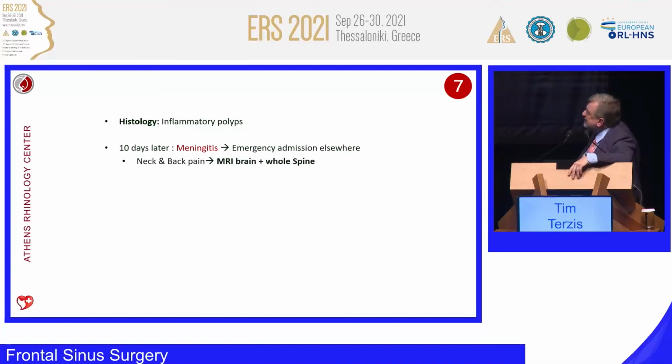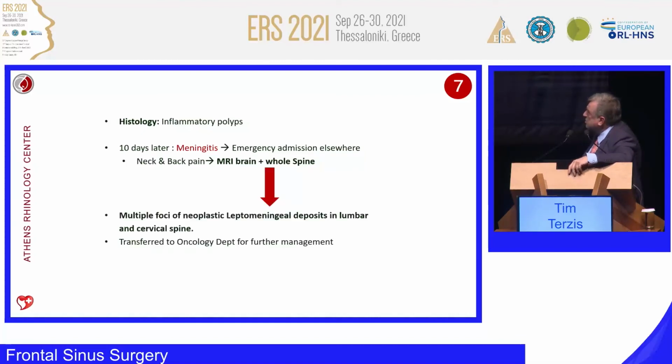And then 10 days later, another meningitis. Emergency admission elsewhere. He did an MRI, brain and whole spine, which showed multiple foci of neoplastic leptomeningeal deposits in the lumbar and cervical spine.